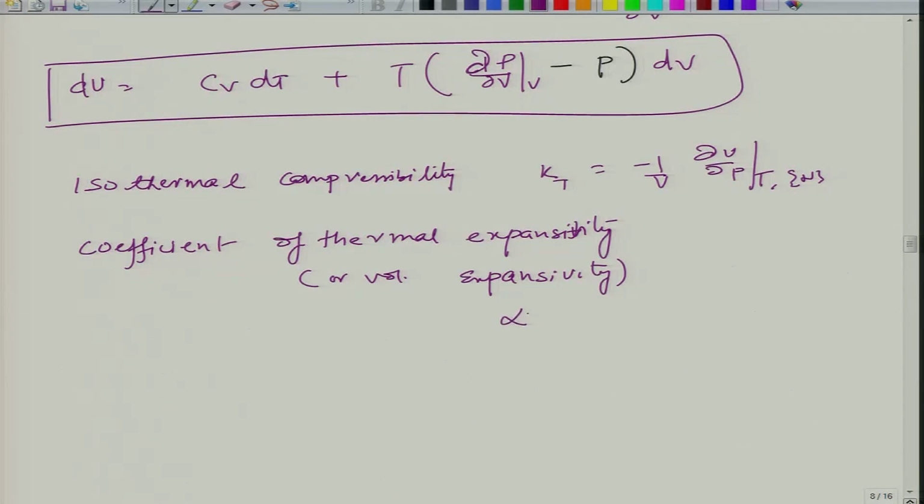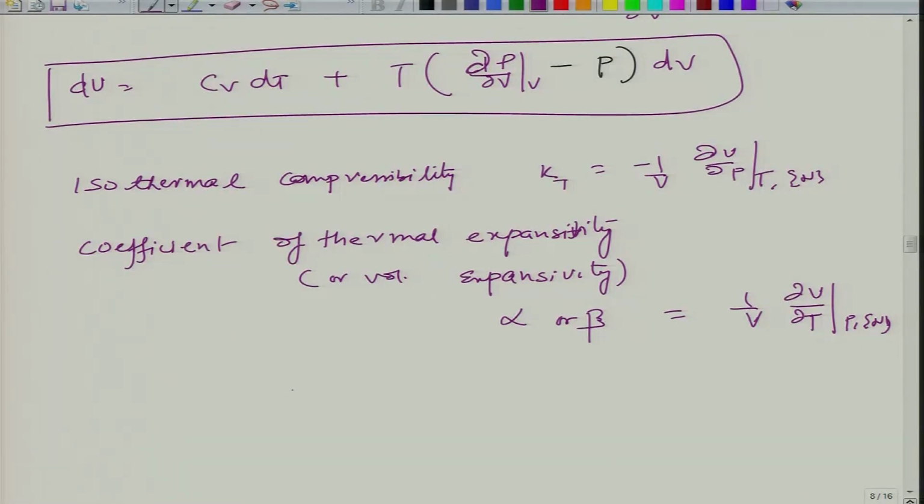Usually the symbol alpha is used, sometimes beta. Alpha or beta could be used here, but the meaning remains the same: you are looking at how the volume gets affected as you change the temperature at a constant pressure. It is an important variable which you use.